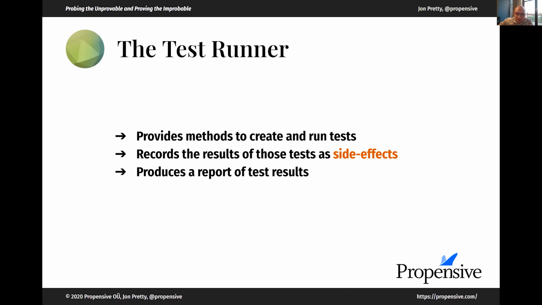Now, there are side effects, but those side effects are well understood and they affect the state that is internal to the test runner. And that state is effectively locked inside. It can't have any effect on the rest of the program unless you make your program dependent on the report that is produced. So I'm going to claim that in this instance, side effects are good. It means we don't have to pass around some sort of IO-like object.